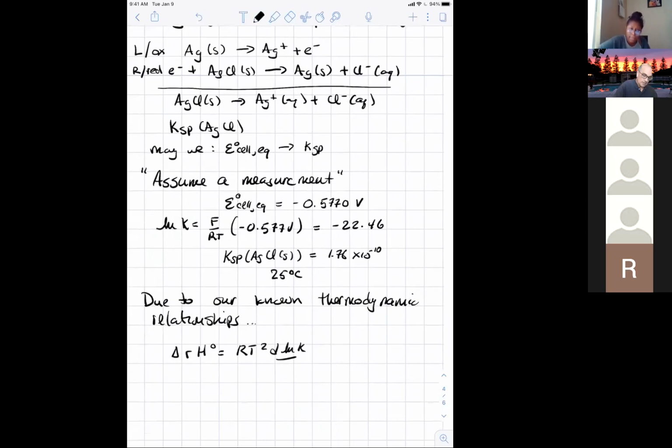This is one of the Van't Hoff expressions, and we could turn this into a modified Van't Hoff expression, which is really what we should call this.